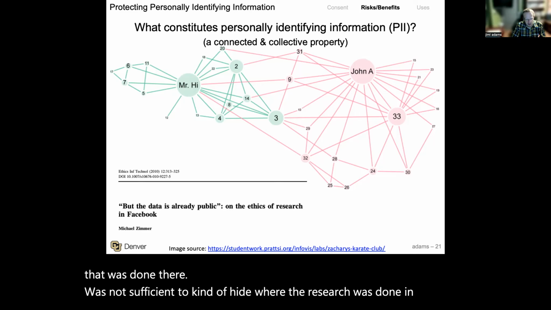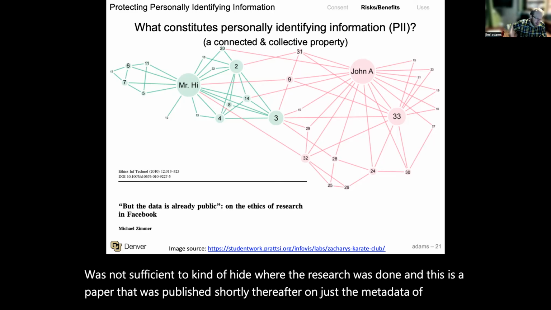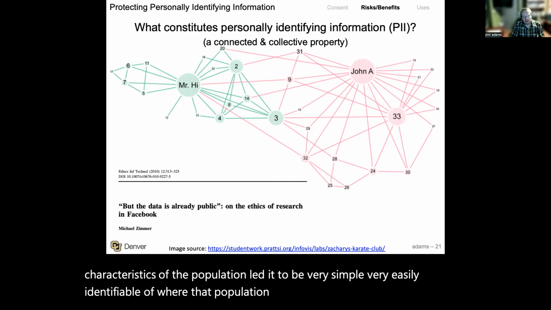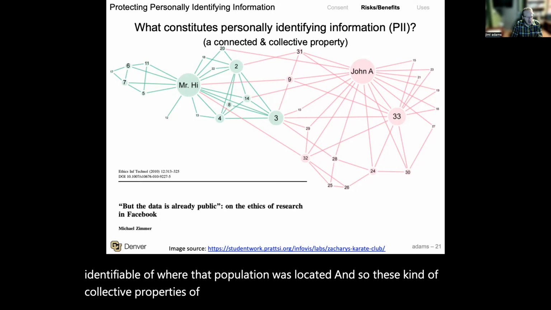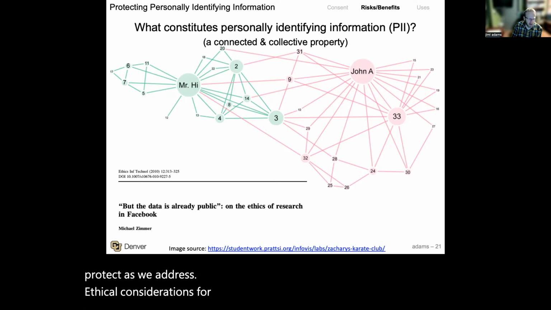A paper was published shortly thereafter showing that just the metadata on the characteristics of the population made it very easy to identify where that population was located. And so these collective properties of identifying information are also important to protect as we address ethical considerations for all research, not just network research.